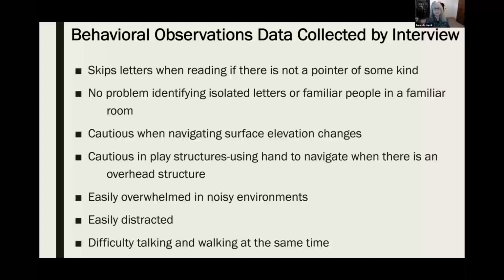Easily overwhelmed in noisy environments, easily distracted, and difficulty talking and walking at the same time. And that should bring up a lot of the consequences that we identified in the CVI profile that we talked about in the previous webinar.